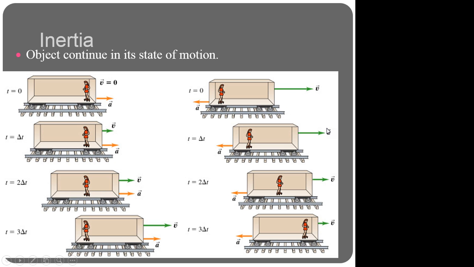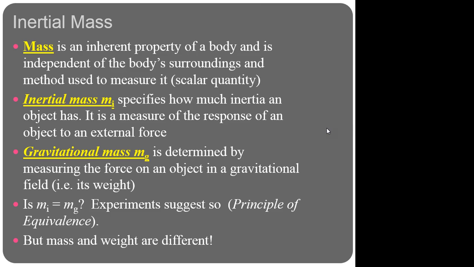So with no net forces acting on the girl, she will continue at her original velocity. So she will smack the other side of the train, unfortunately. Right? So you see that her velocity is actually constant over time. Okay.